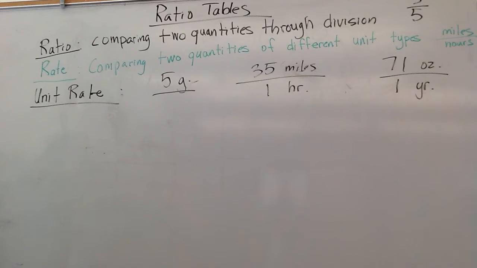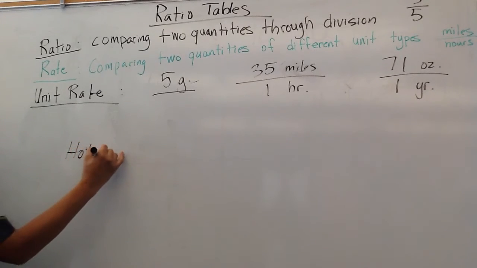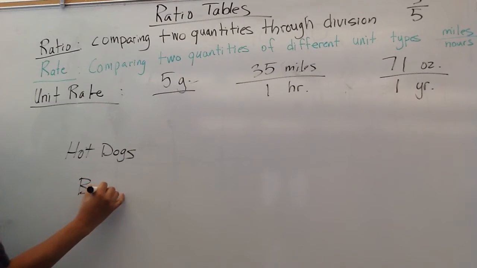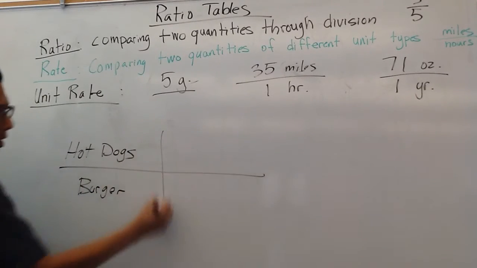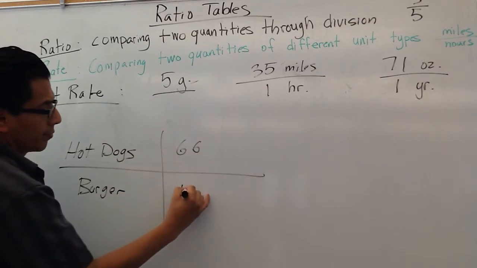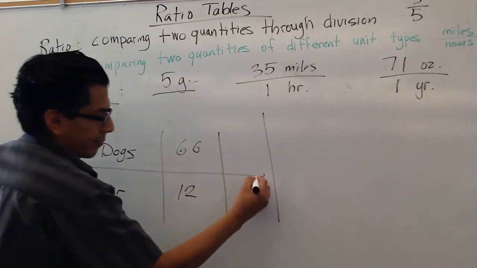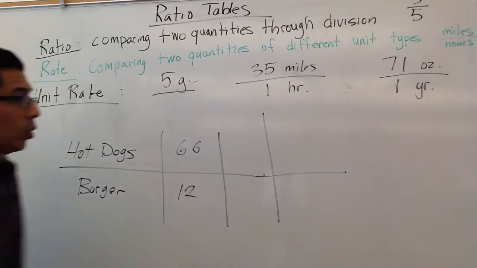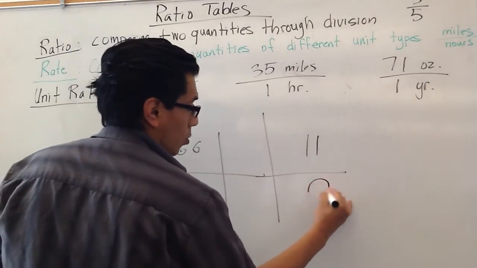Let's take a look at this one. So this one's a little different. What if I have hot dogs to burgers, and it's a ratio of 66 to 12, going to 11 to 2?